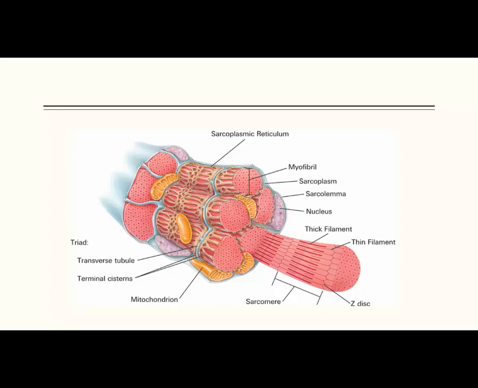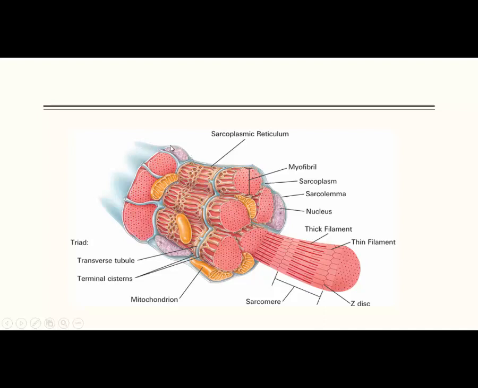And then again, there are lots of mitochondria in here surrounding the cells to produce the ATP that's going to be important in muscle contraction. And there are nuclei that are eccentric. So this is not a single cell.